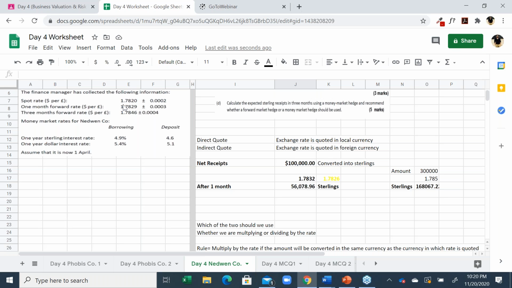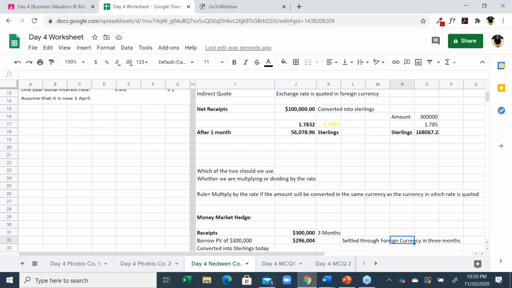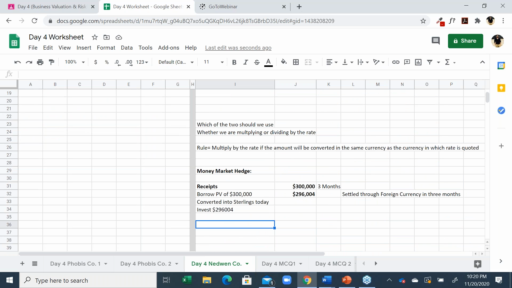What is the rate going to be? It is going to be 1.7820 plus 0.0002, and it will be 1.7822. This amount should be divided by 1.7820 plus 0.0002.